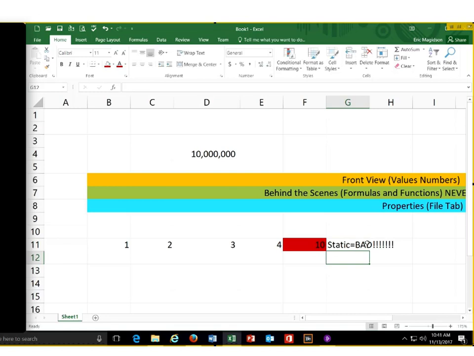Okay. Now I show you this because this is how you do math, regular math. You do static. But the cool thing with Excel is that if we do dynamic formulas and functions, then I can change the values, because the values don't matter, and really get answers to questions.